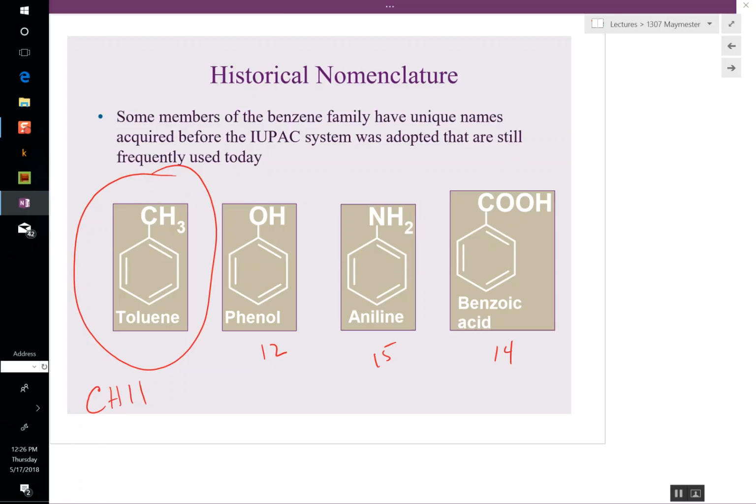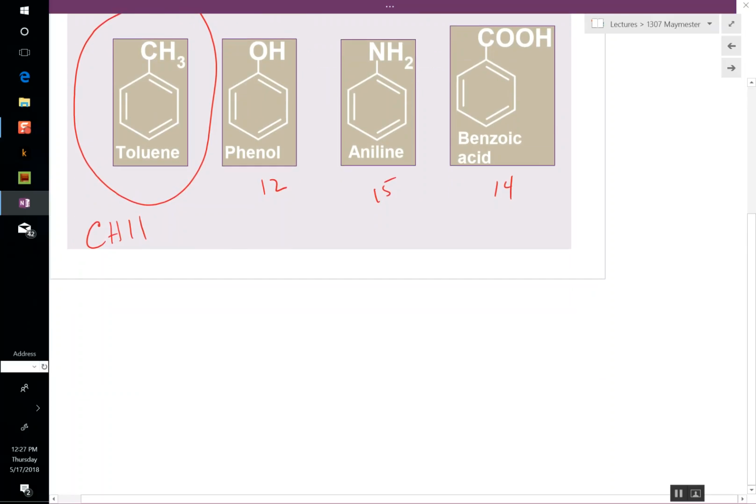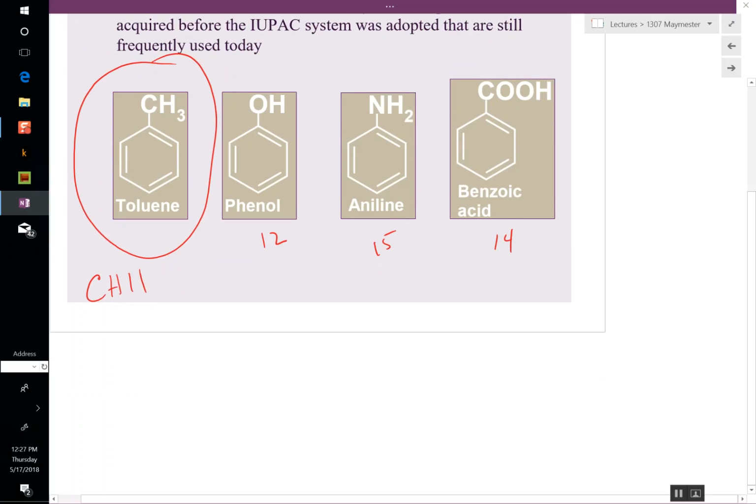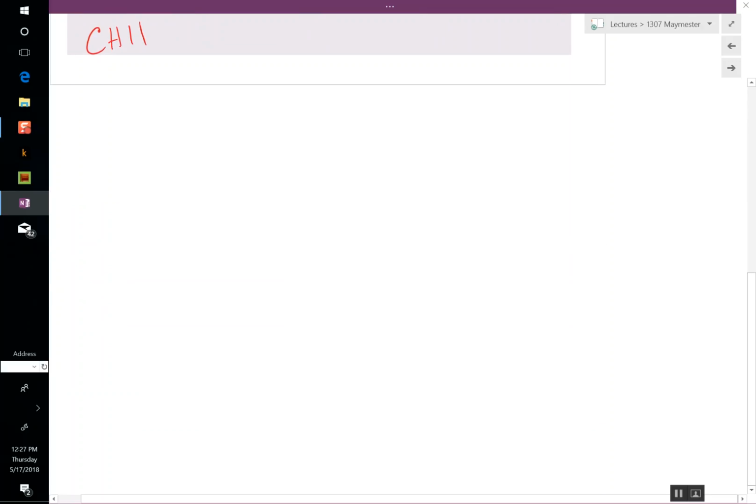Okay, now let's go off of that for a second. This gets a little ugly. Let's take our toluene. We've got a methyl group right here. And you can see now I'm writing them as CH3 groups. I'm not necessarily putting down a carbon and 3 hydrogens connected to it. I just write it as a CH3 group, which is fine.